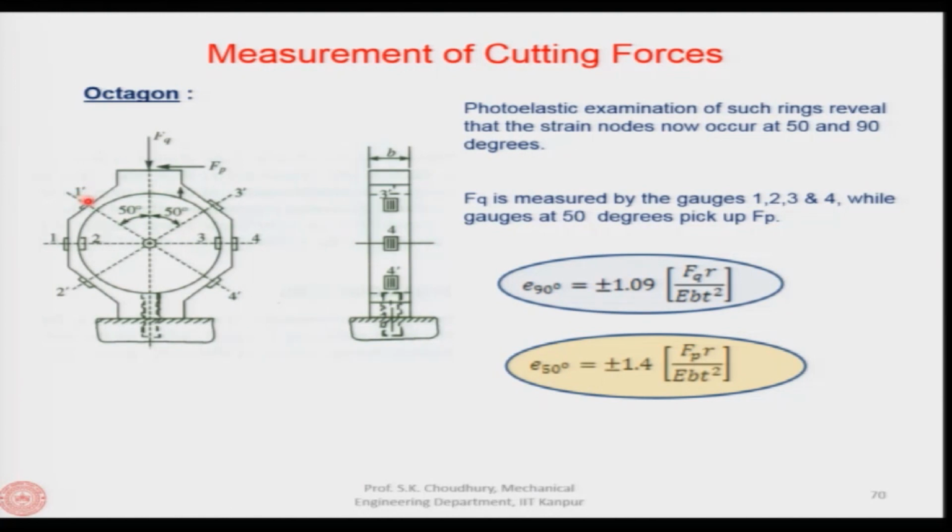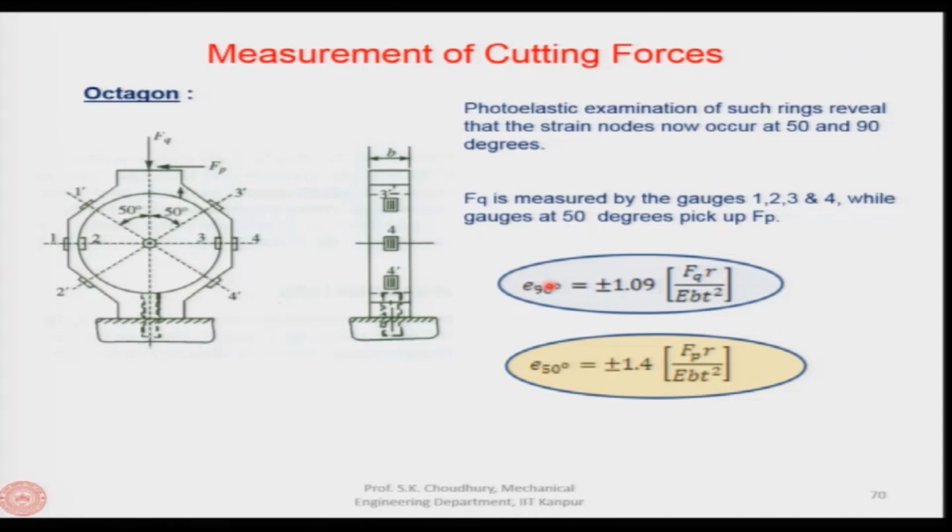So, this will be 1, 2, 3 and 4, and 1 prime, 2 prime, 3 prime and 4 prime. 1, 2, 3, 4 will sense the Fq, and 1 prime, 2 prime, 3 prime and 4 prime will sense the tangential force Fp.